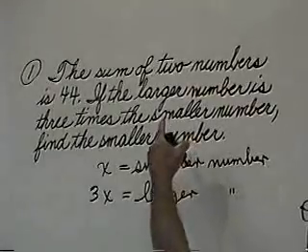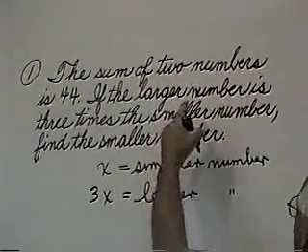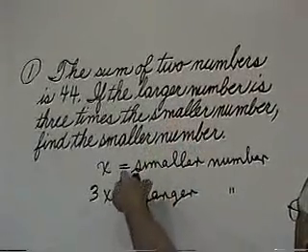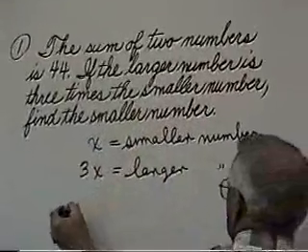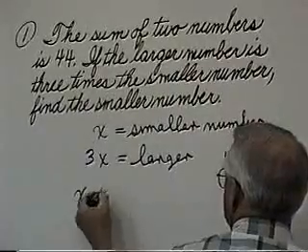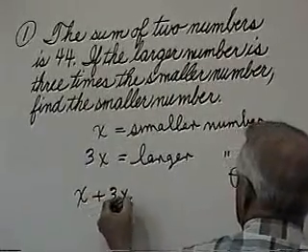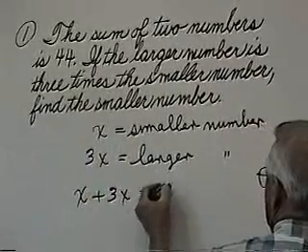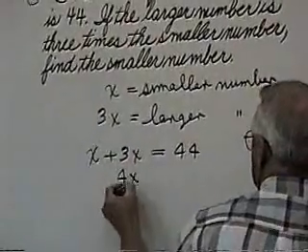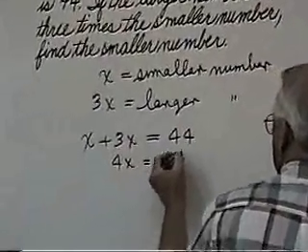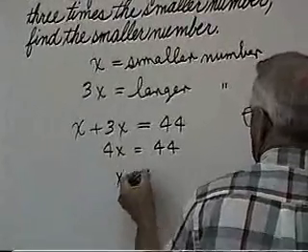The first sentence says the sum of the two numbers is 44. Therefore, x plus 3x is 44. And so you have 4x is equal to 44, and so x is equal to 11.